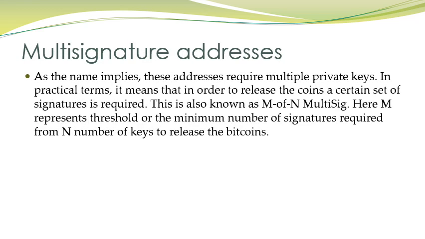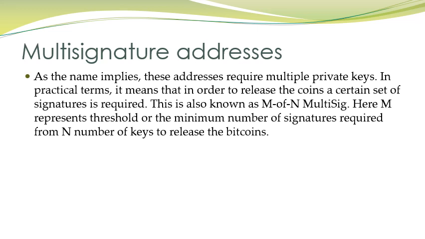Then multi-signature addresses. Sometimes it is necessary to sign the Bitcoin transaction with multiple private keys. As the name implies, these addresses require multiple private keys. In practical terms, it means that in order to release the coins, a certain set of signatures is required. This is known as M-of-N multi-signature.